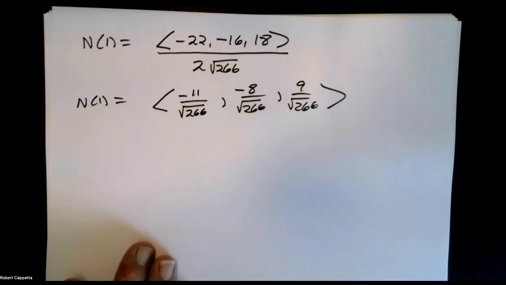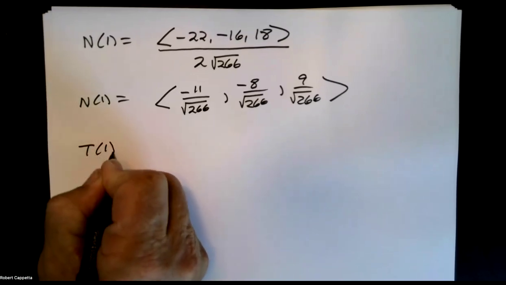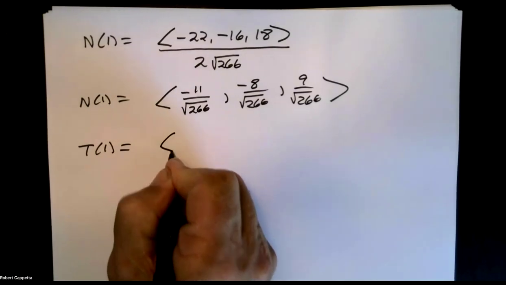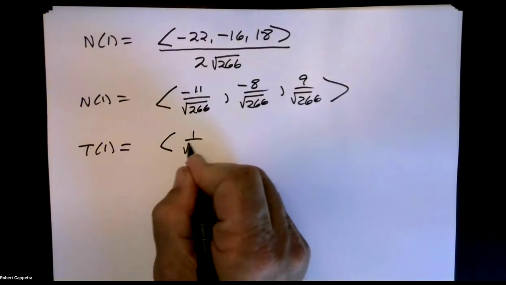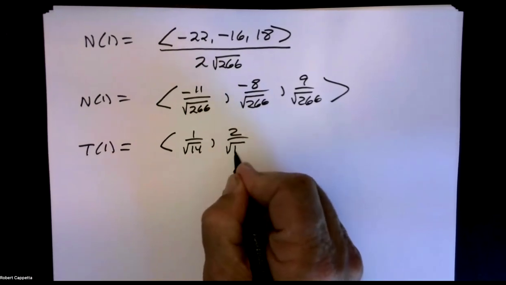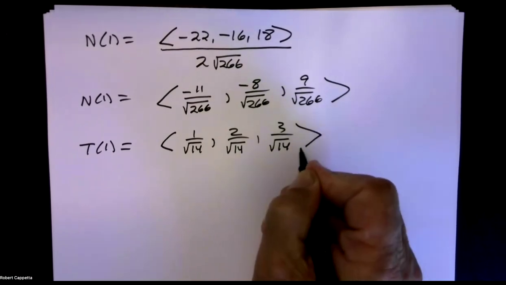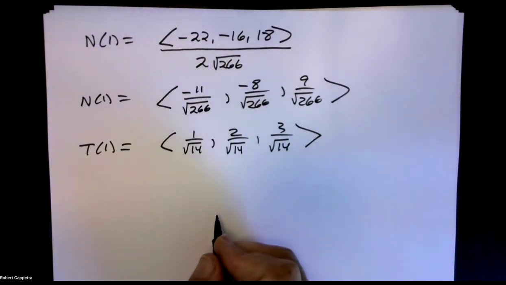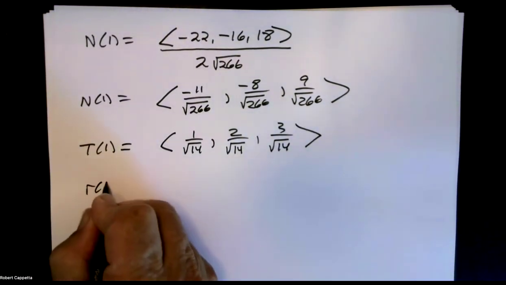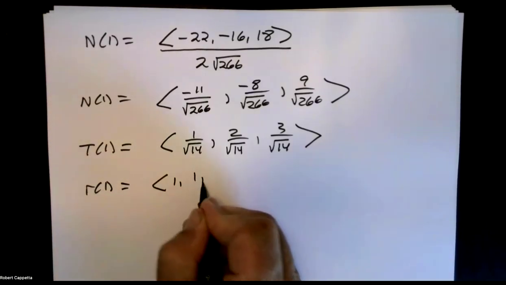We want to visualize this. We want to see it if we can. T of 1, way back when, was 1 over root 14, 2 over root 14, 3 over root 14. And R of 1, what was our starting point? R of 1, it was t, t squared, t cubed, so R of 1 is just 1, 1, 1.